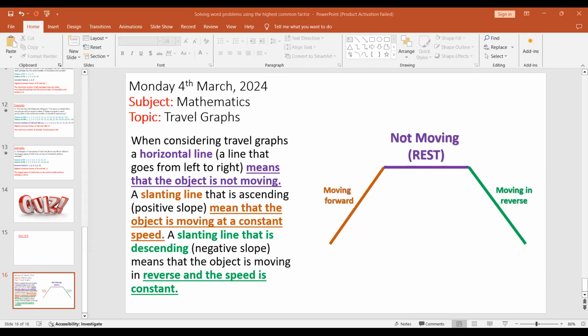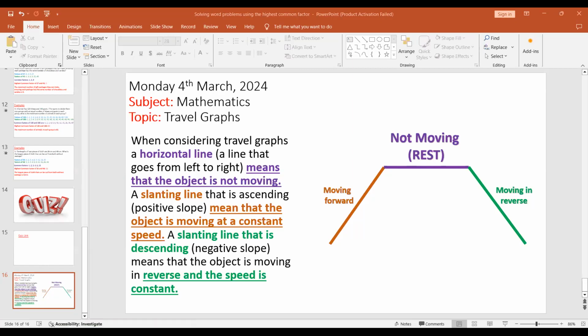By the way, question, what do we mean when we have a horizontal line? What does that mean? It means that the object is not moving. That means that the object is at rest. Very good.